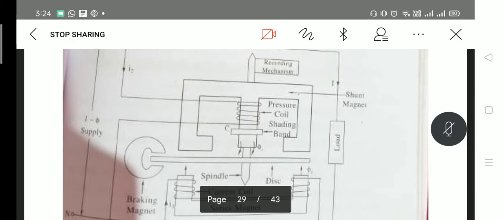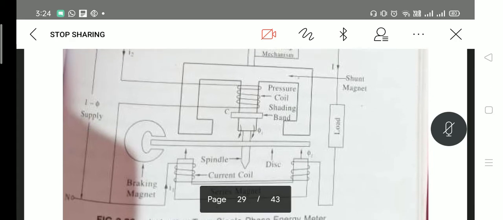Driving system means, first you have to know, it has two electromagnets. One is the series magnet and the other is the shunt magnet. The series magnet is U shaped and the shunt magnet has M shape laminations.